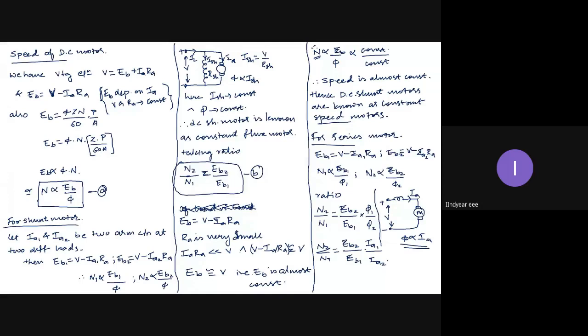Because the speed is depending upon the armature current, the DC series motor is known as variable flux and variable speed DC motors. So DC series motors are variable flux or variable speed motors.